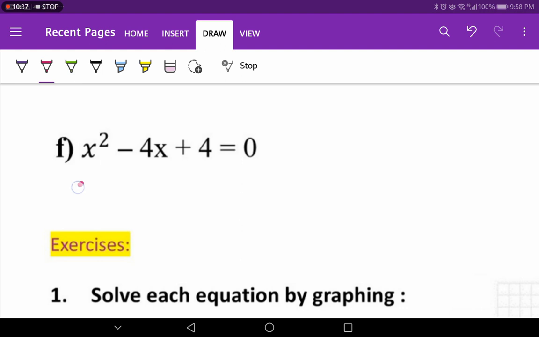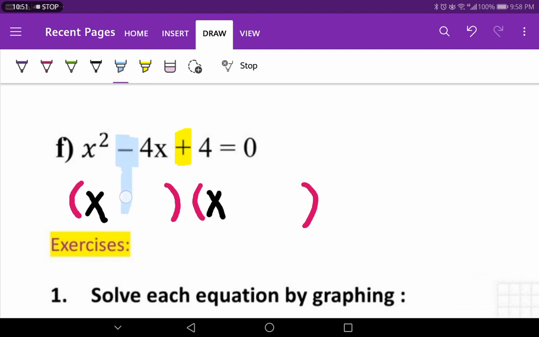Now let us move here. Again, my parentheses, my x's. Check the signs. They are the same, and both of them are negative. Negative, negative. Beautiful. How do we get the 4? 2 by 2.